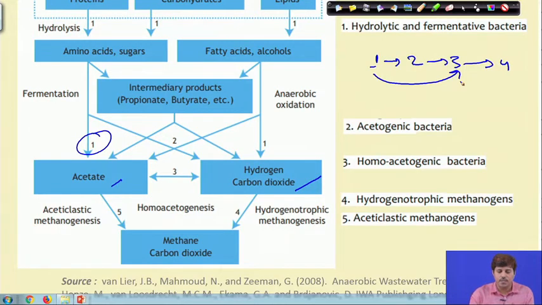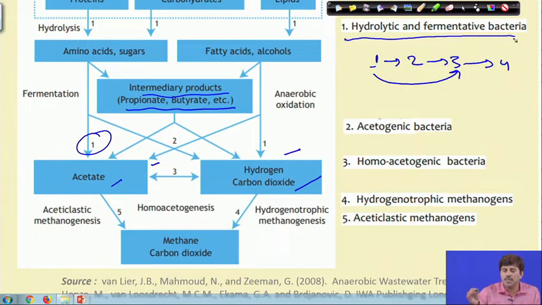So, this kind of pathway is adopted. Now, these fatty acids or alcohols can be converted to intermediary byproducts like propionate, butyrate and so on, or can directly be converted to acetate or directly hydrolyzed to hydrogen and carbon dioxide. If they are directly hydrolyzed, it will be by the action of hydrolytic and fermentative bacteria.